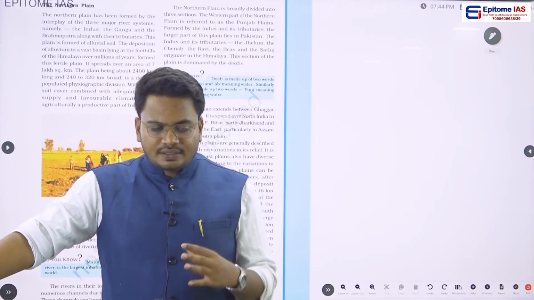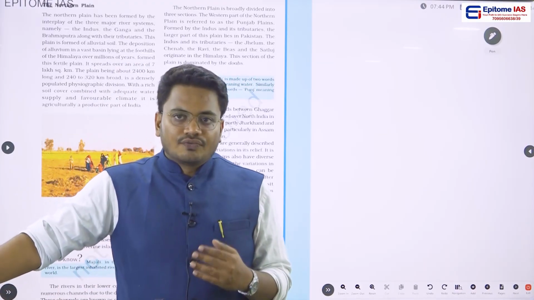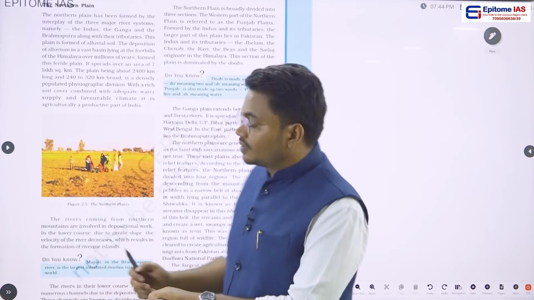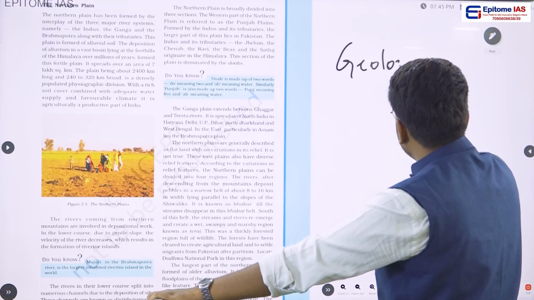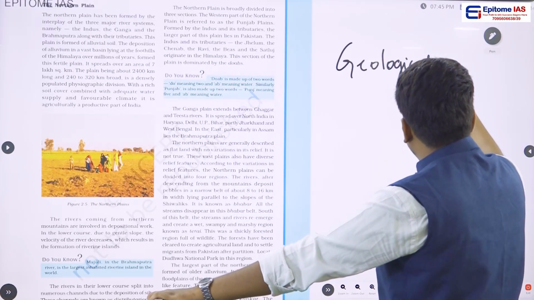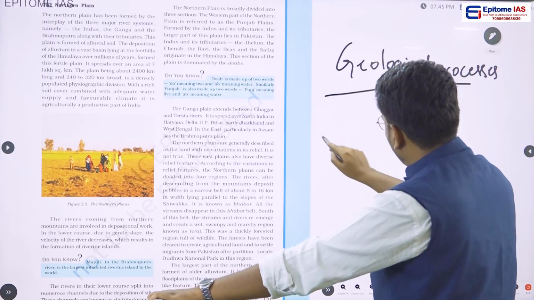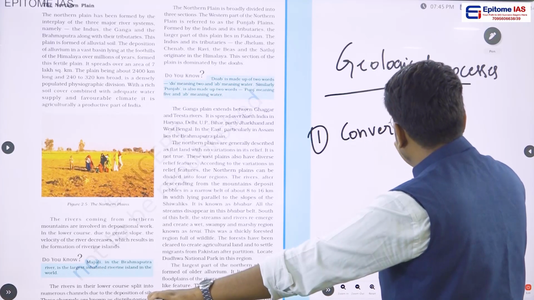Now, we need to understand that these physical features were formed because of certain geological processes. What are the different geological processes that happen? The first one is convergence of plates.